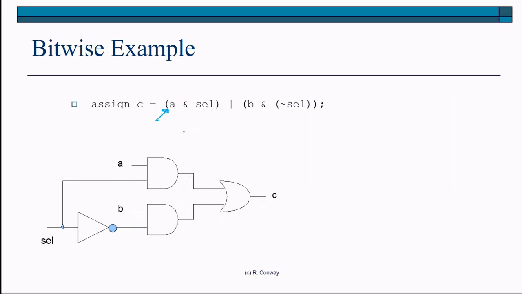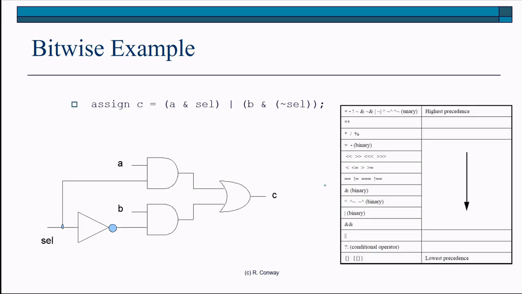The use of brackets makes it easy for us to read the expression, and it also ensures that the operations perform in the order that we want. If we look at the precedence table, we'll see that the bitwise AND has a higher precedence than the bitwise OR, and the negation operator has the highest precedence.